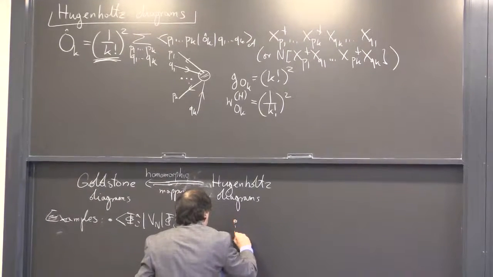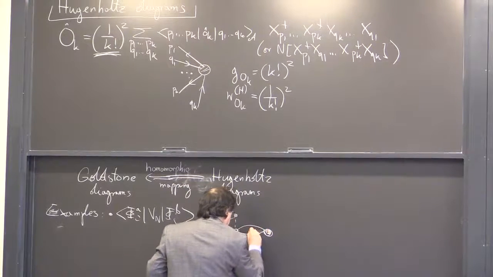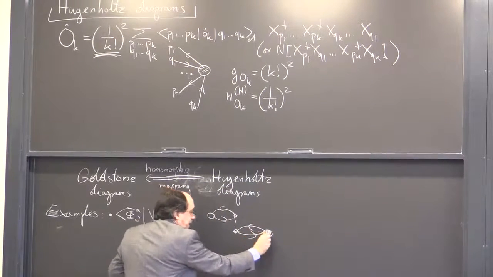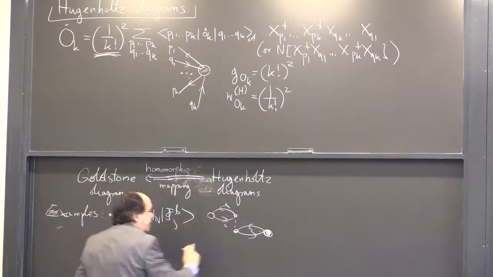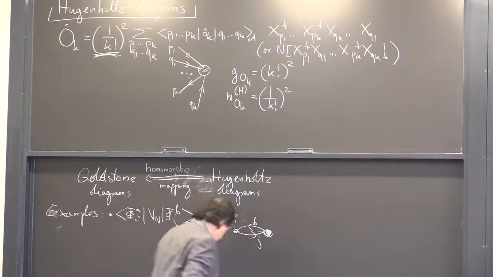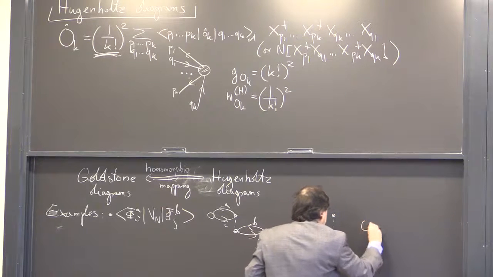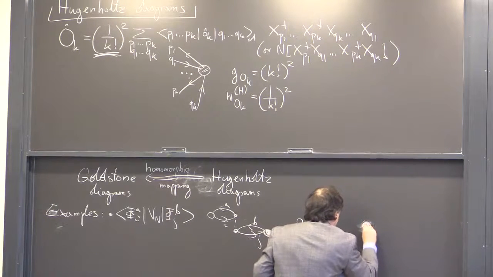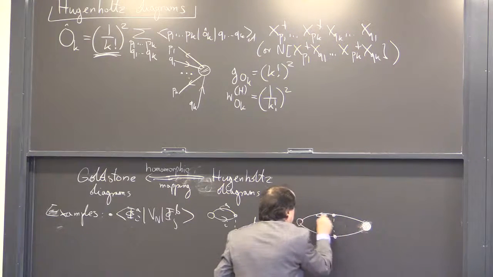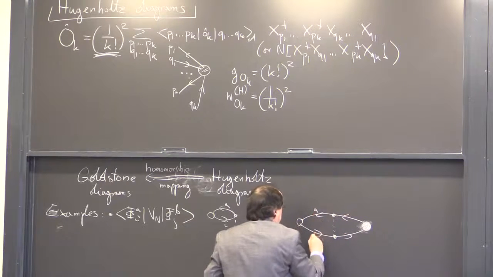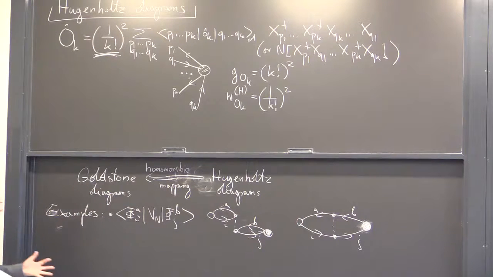I just try to sketch them here. We have a diagram that has 2 loops labeled by indices of the determinants here, A, I, and B, J. And then we have a diagram which has actually only 1 loop. A, I, B, J. So there are 2 Goldstone diagrams in this case.